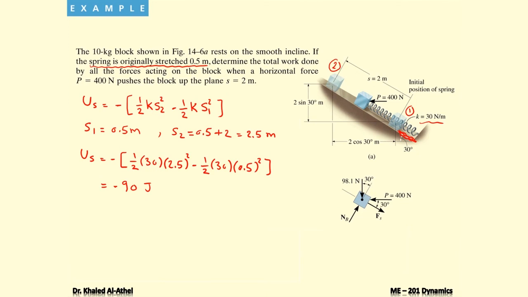Finally, we calculate the work done by the weight. So U done by the weight, remember, equals minus W times plus or minus delta Y. So it's going to be minus the weight, which is M times G. The mass is 10, so you have minus 10, gravity is 9.81, multiplied by delta Y. What was the final position?